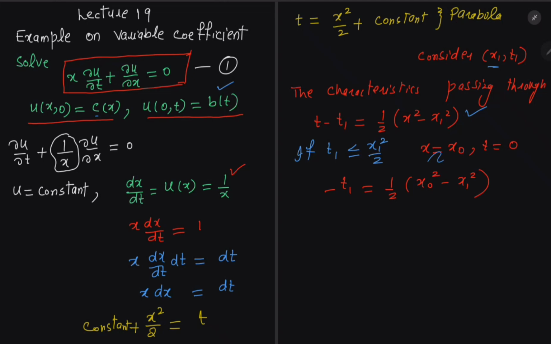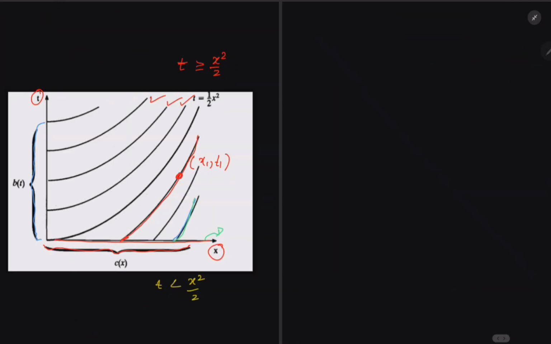We solve this equation for x naught, and x naught becomes the square root of x1 squared minus 2t1. This is the solution when we have characteristics passing through the x-axis, and it is only possible when t1 is less than or equal to half x squared.